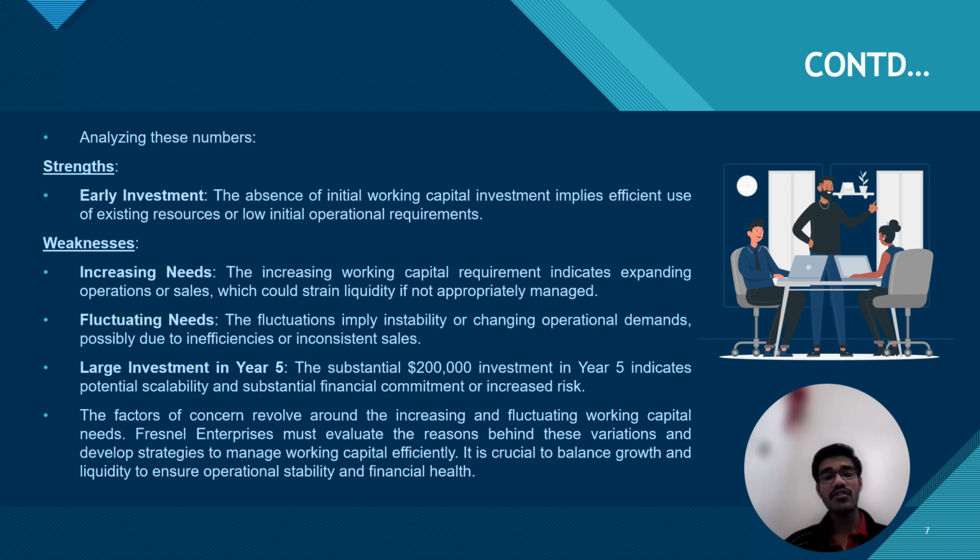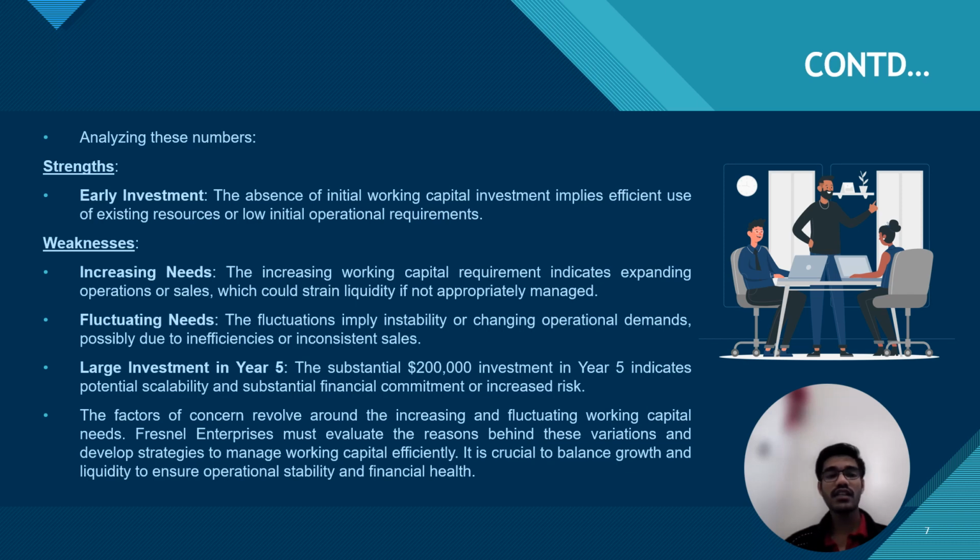Fluctuating needs simply implies instability or changing operational demands, possibly due to inefficiencies or inconsistent sales. The third one is large investment in the fifth year. The substantial $200,000 investment in the fifth year indicates potential scalability and substantial financial commitment, or there might be a chance of risk.